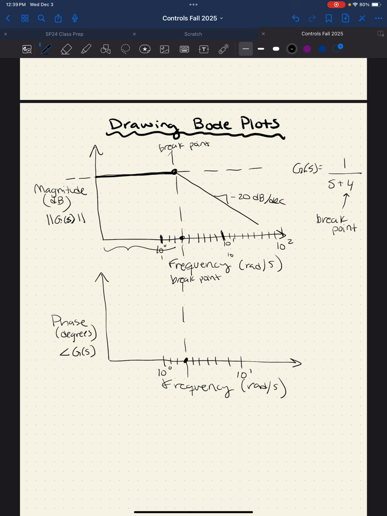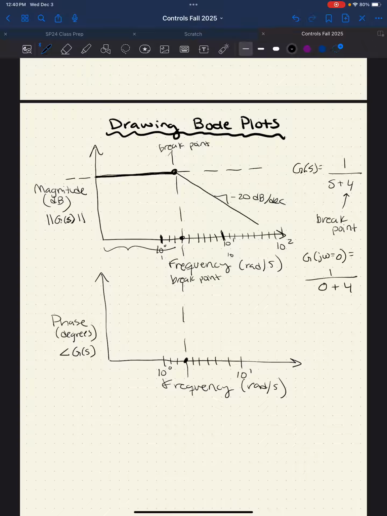To find it, we take our transfer function and plug in j omega for s, where omega equals 0. So you're plugging in 0 for s. Then you need to find the magnitude. S is always a complex number.